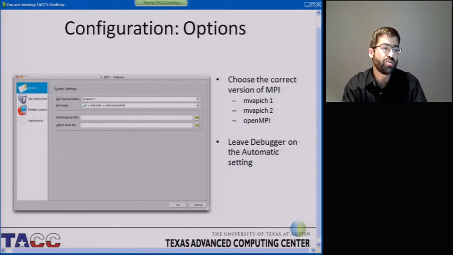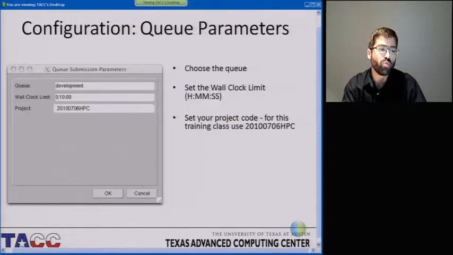There are a few other options under there that I'm not really going to touch because most of them are related to the templates that are usually designed at each site, so the user normally does not have to go into that. Once you set up your MPI version and move on to the next option, you will have to specify some queue submission parameters. In our case at TACC, we use SGE as our queue system.